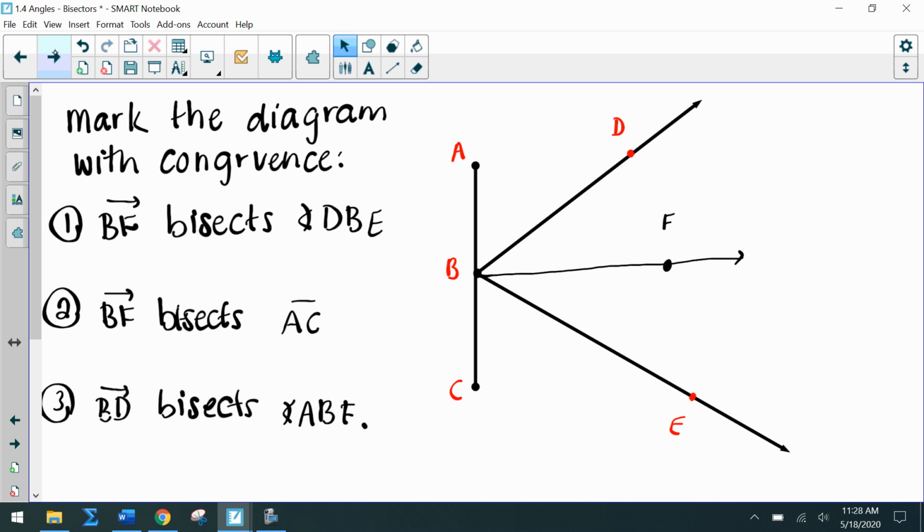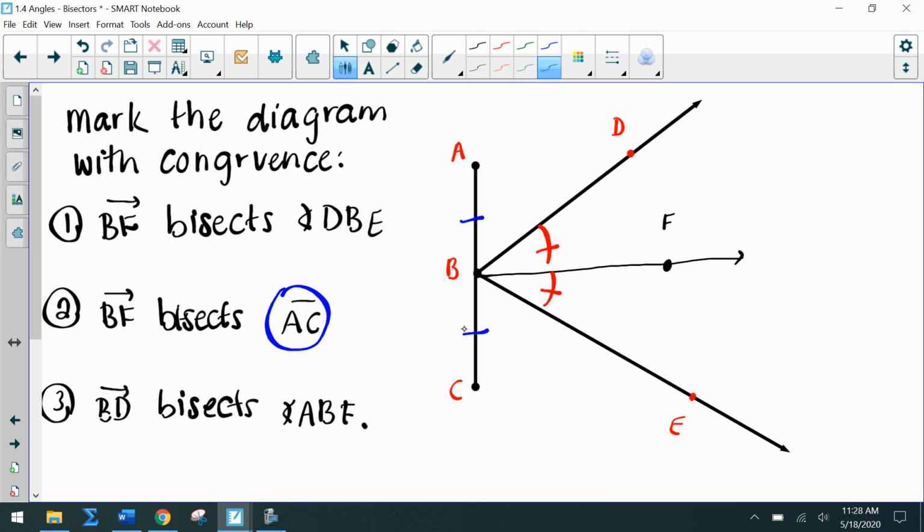Okay, so we're going to mark the diagram with congruence. For number one, we see that ray BF bisects angle DBE. DBE is right here, I'm outlining it. If ray BF bisects it, that means these two angles are congruent. If BX bisects segment AC, that means this is a segment bisector, so AB and BC are congruent.